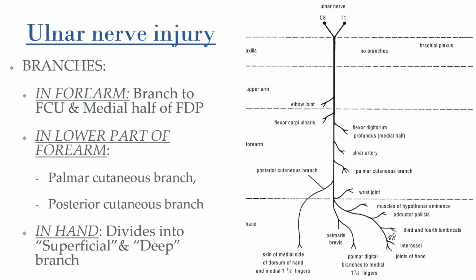The deep branch of the ulnar nerve is responsible for providing motor nerve supply to all the intrinsic muscles of the hand except the deep head of flexor pollicis brevis, adductor pollicis, and the first and second lumbricals, whereas the superficial division of the ulnar nerve provides motor nerve supply to palmaris brevis, and then it becomes cutaneous and provides cutaneous nerve supply to the medial 1.5 digits.